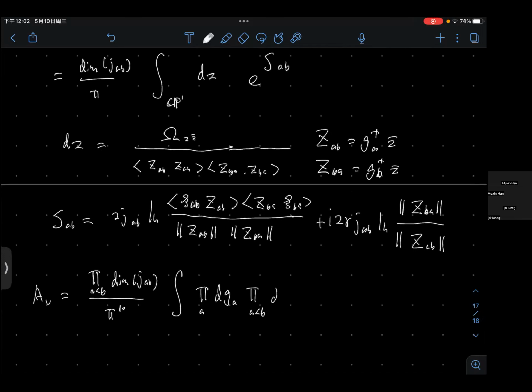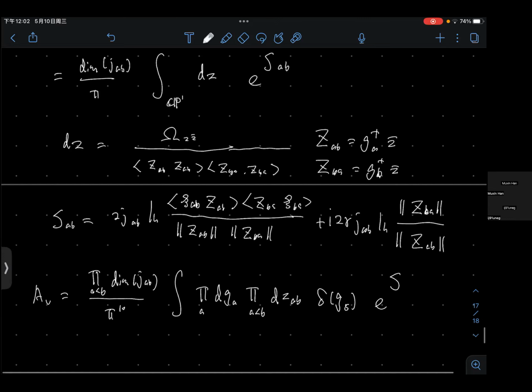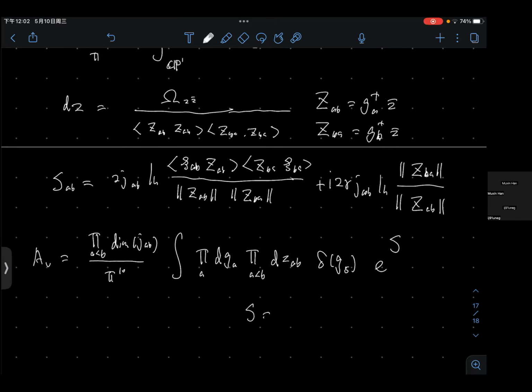And now you have a product measure of spinors Z, gauge fixing, and the exponential of the total action. This total action is just the sum of all the phases of each SAB.